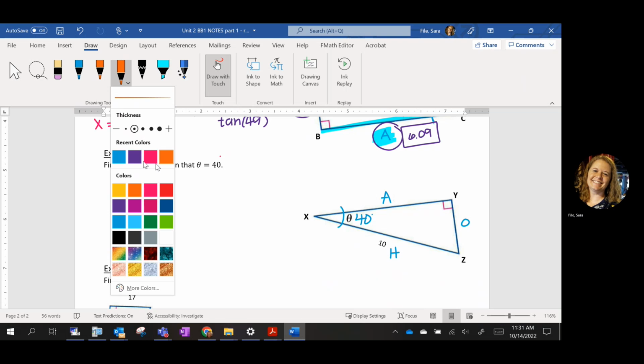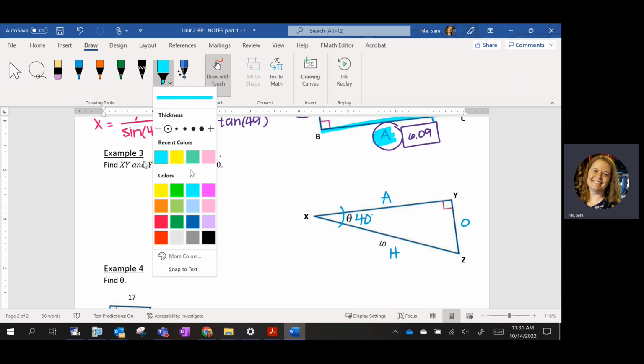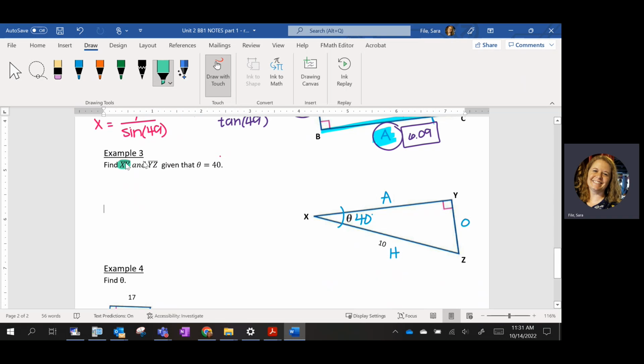All right. So I'm going to find XY first. So XY, that's the adjacent side. So I know the hypotenuse and I want the adjacent. What trig function puts A and H together? So this time I'm using cosine.